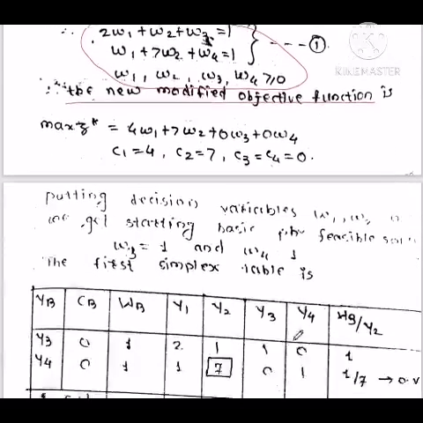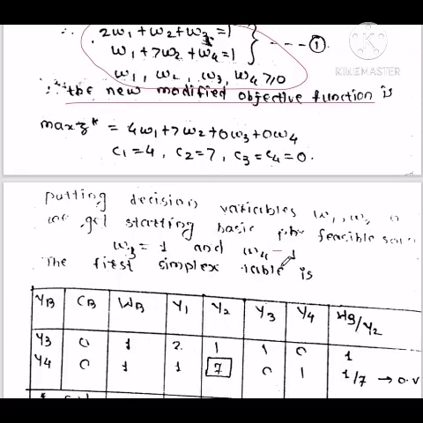Now we will find the initial basic feasible solution. Putting the decision variables W1, W2 equal to 0 in equation number 1, we get W3 equal to 1 and W4 equal to 1. In this way we find the starting basic feasible solution.